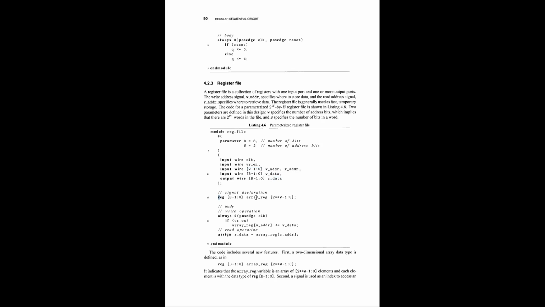Before that, we always created a single dimensional memory. We used a range, some size B minus 1 to 0, let's say, and then we named some variable, and it created some memory. But now the memory we want to create is a 2-dimensional memory. So there is a change of the syntax.